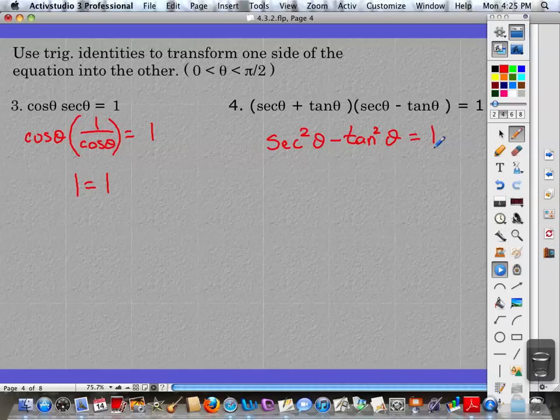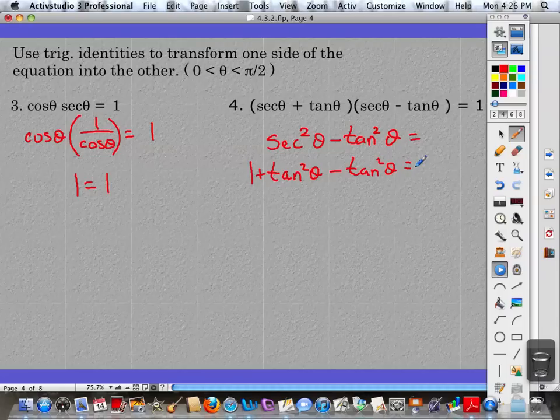Well, if we go back to our basic trig identities, one of the Pythagorean identities said that the secant squared was the same thing as 1 plus tangent squared. So, if I take secant squared theta minus, let's go another route. Secant squared is 1 plus tangent squared theta minus the tangent squared theta that's already there.